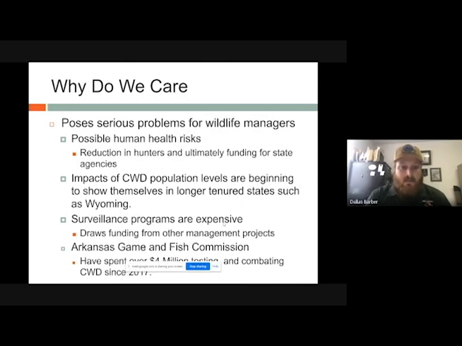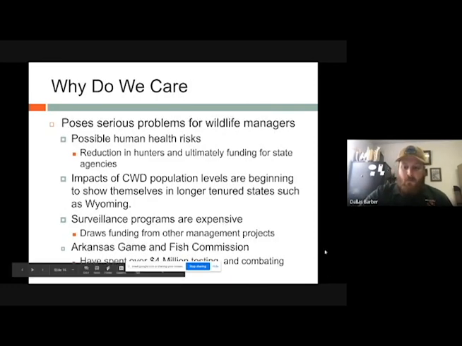So with that, you're seeing a reduction in hunters and ultimately funding for state agencies to put forth effort to conserve wildlife habitat and populations. Impacts of CWD on population levels are starting to show themselves in longer tenured states like Colorado or Wyoming, where they're seeing massive population reductions and rates of up to 35 to 50% positive in some areas.